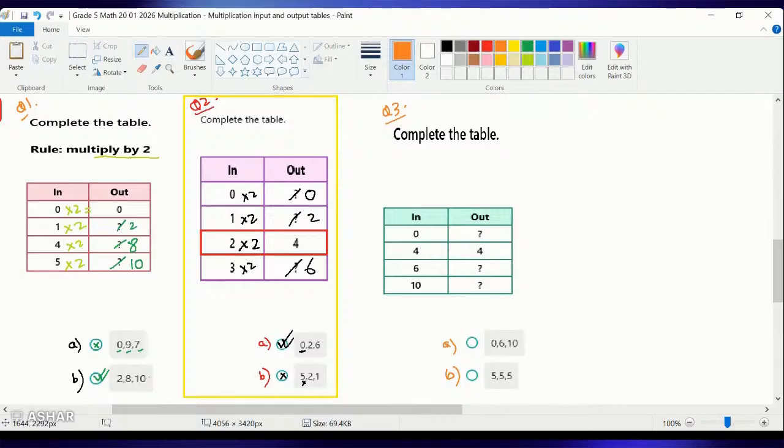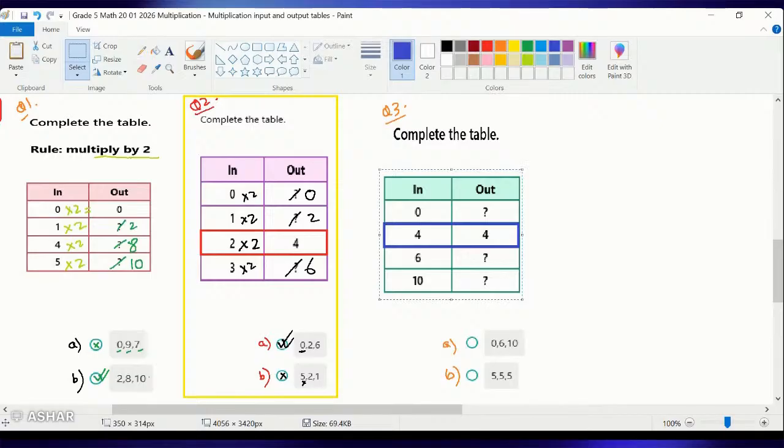So the given values in this table are 4 and 4. That means the input 4 gives an output 4. That means there is no change. What number should a number be multiplied by for no change? It should stay the same. Yes, it should be multiplied by 1.